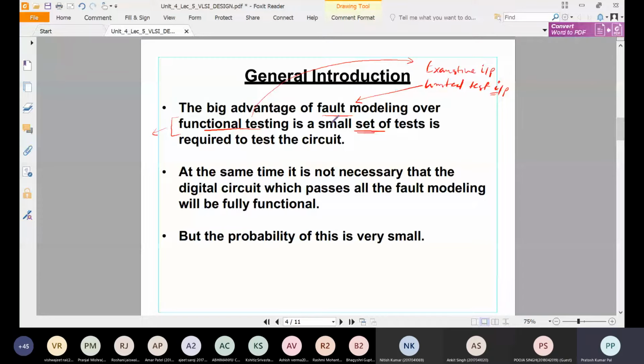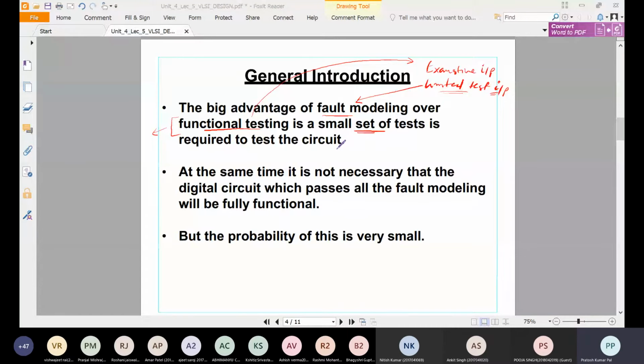Fault modeling is not a testing method that includes all the faults, because we are using only a limited number of inputs. It will not include all the possible faults.